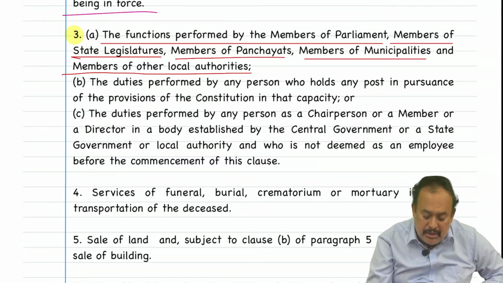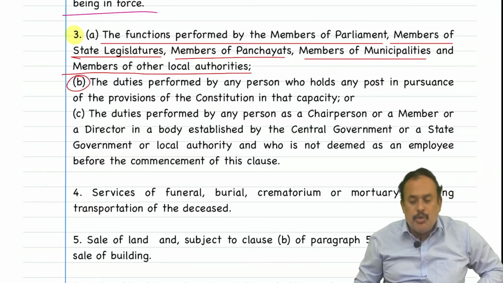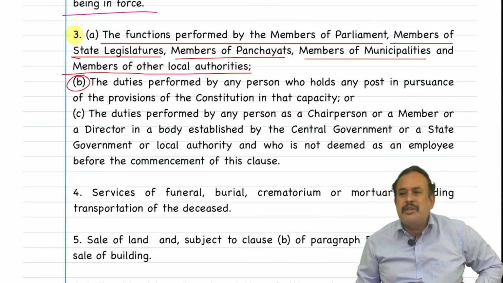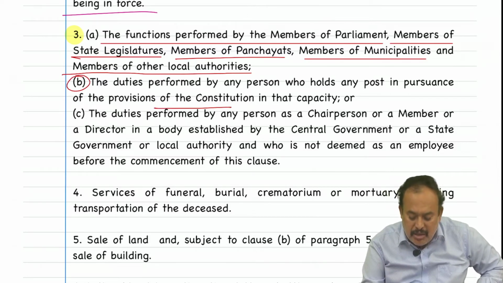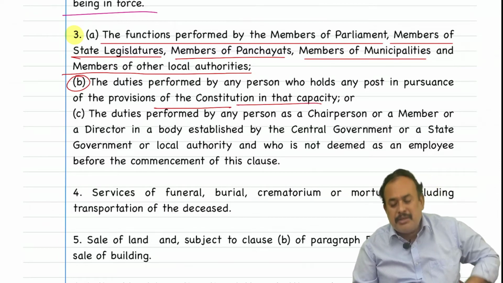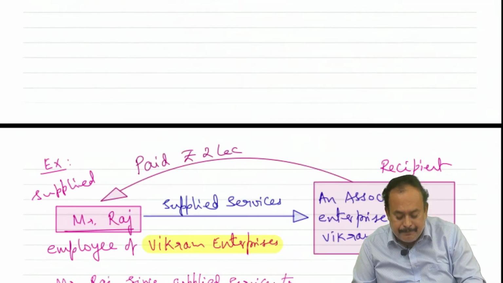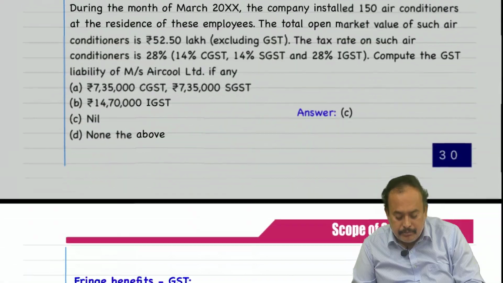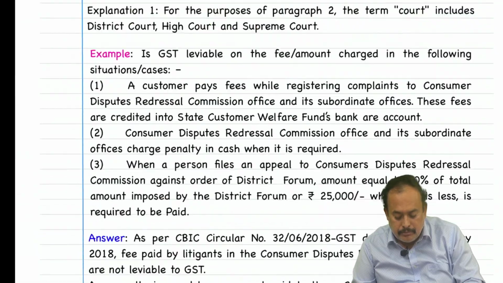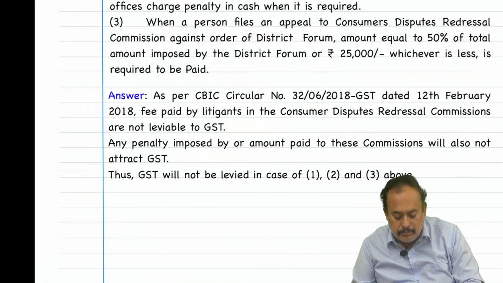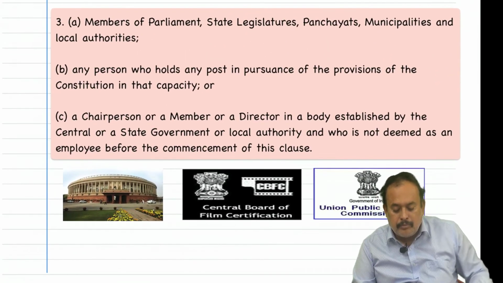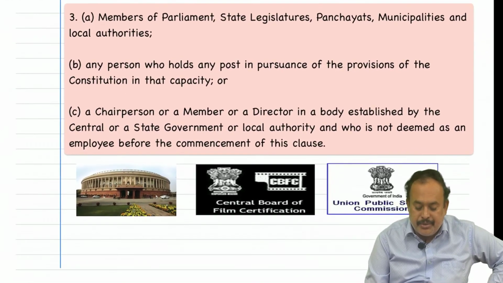Point number B: the duties performed by any person who holds any post in pursuance of the provisions of the Constitution in that capacity. Look here, my dear friends.